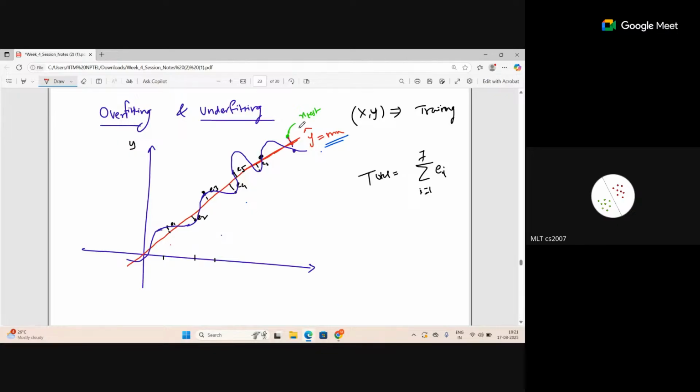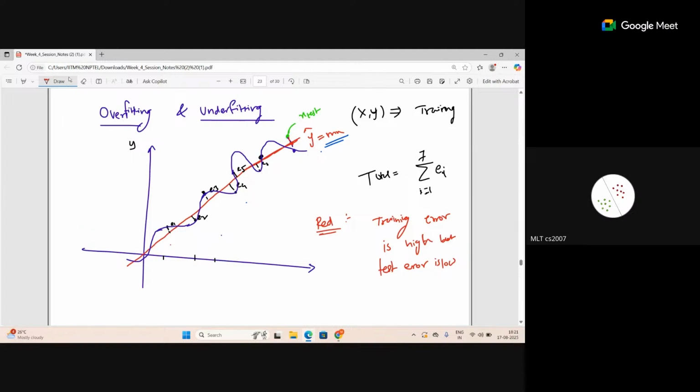So if you think about it, if I use this kind of polynomial instead of this straight line, what happens is, let's say, I'll write down for the red colored line, the training error was higher, right? Training error is high, but test error is low, correct?